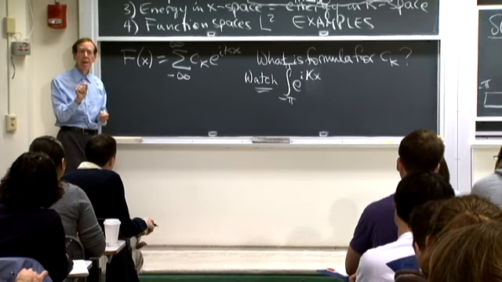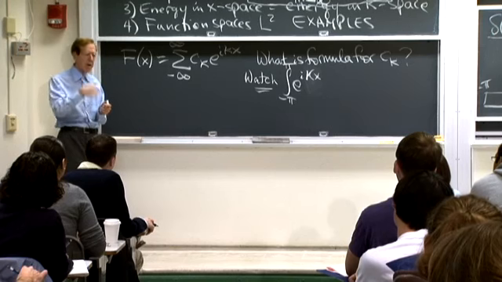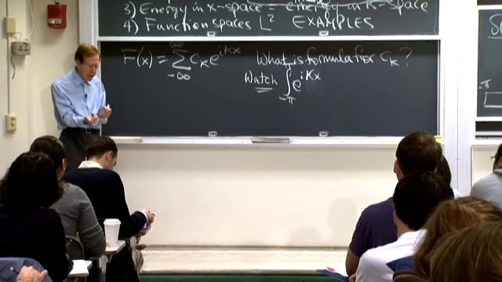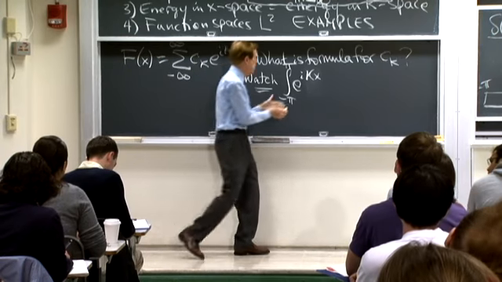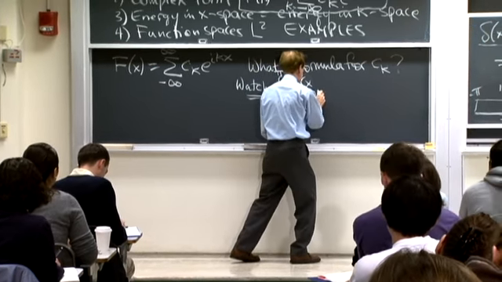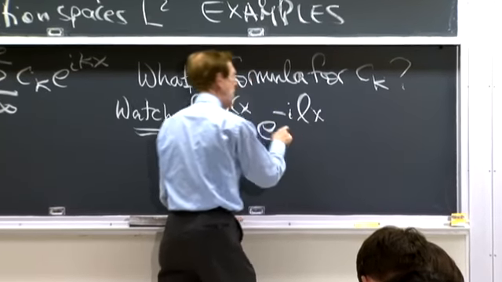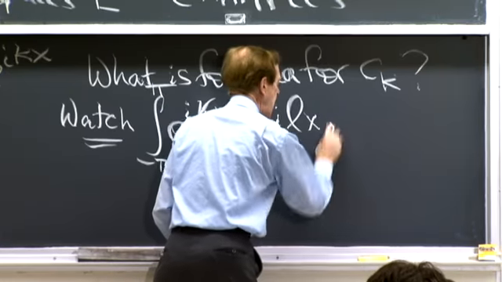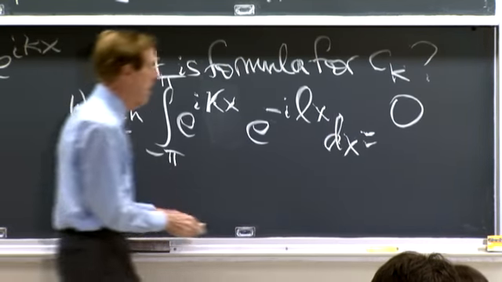It is e to the minus i 3x. You take the conjugate. You change i to minus i in the complex case. So if I take e to the i k x times e to the minus i l x, I claim that I get 0, except if k is l.